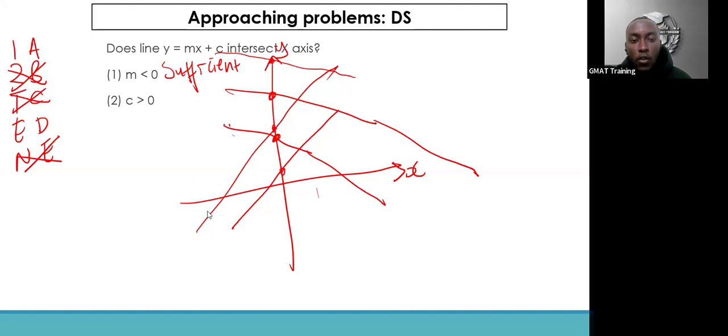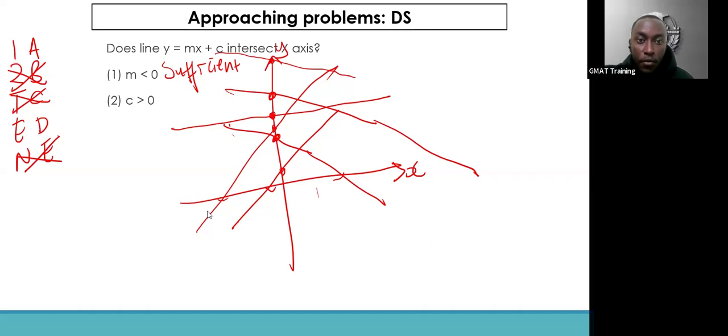So does it always intercept x? Yes, all of these lines intercept the x-axis, except if the line is horizontal. This horizontal line also has a positive y-intercept. Therefore, it's parallel to the x-axis and will never meet or intersect x.